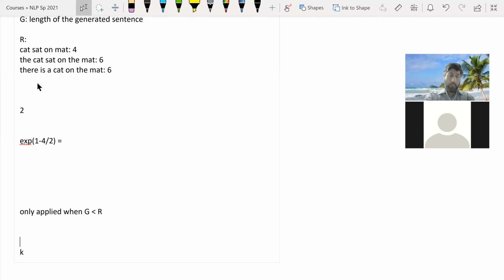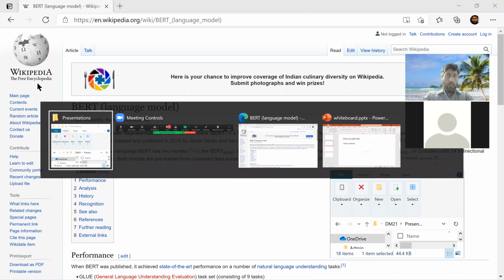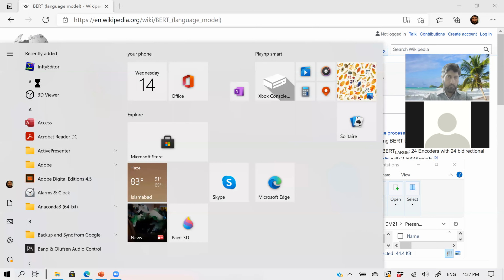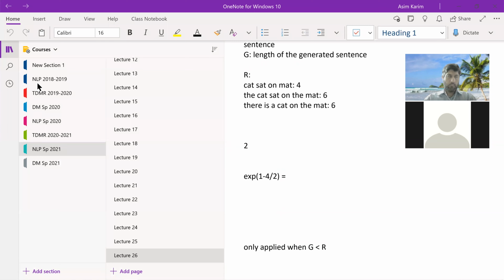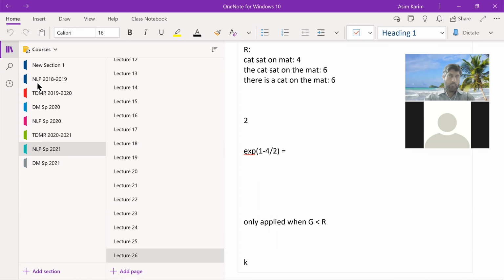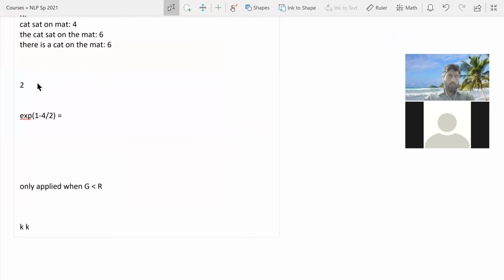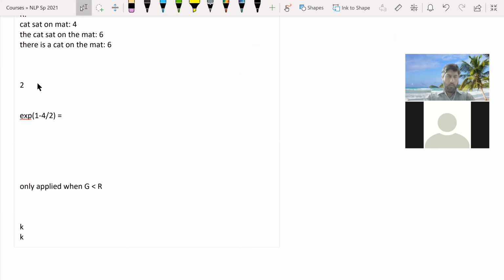I think it has hanged up or something. Is it visible now, the text typing? Yes, sir.